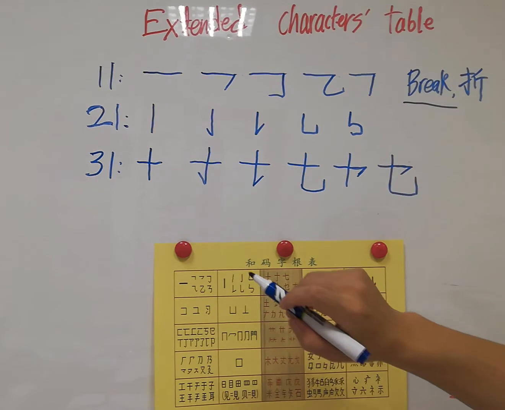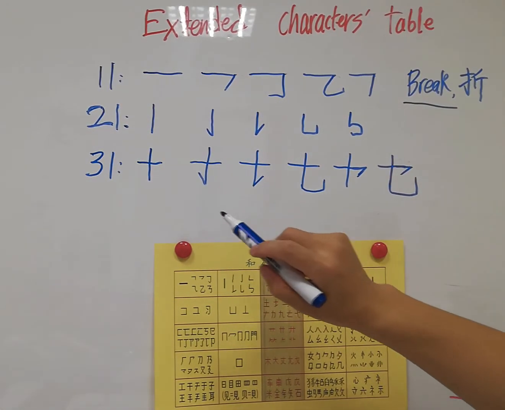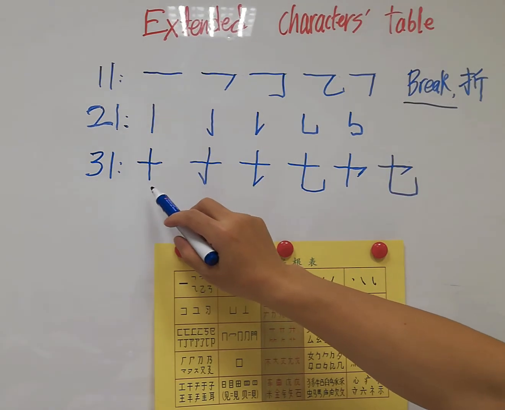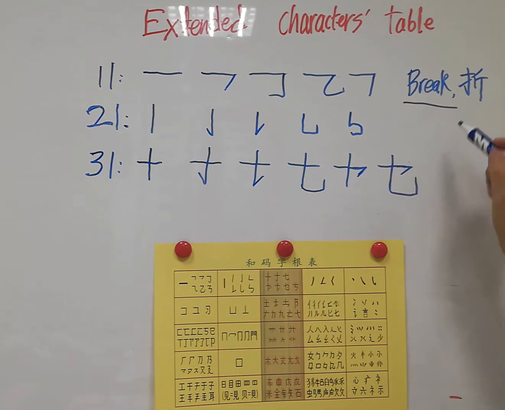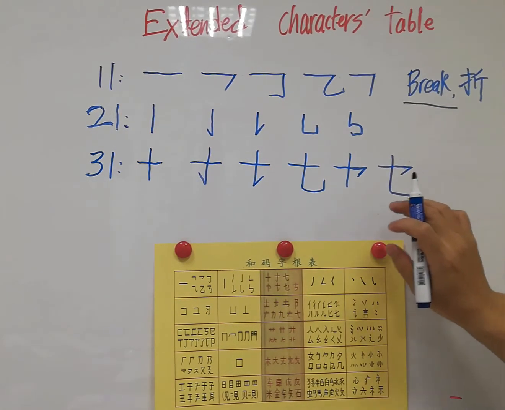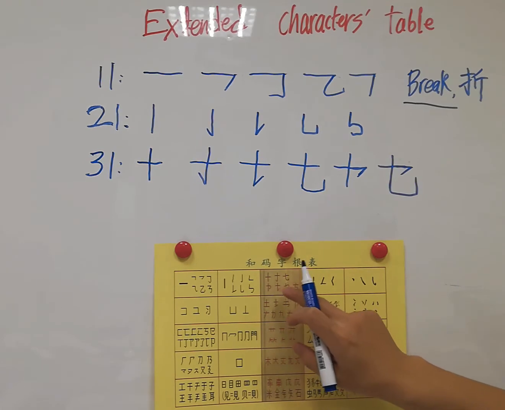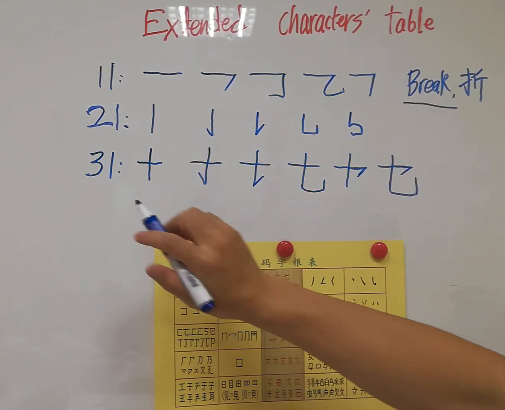So we say all these characters are extended from Hensu cross by breaking. We put all these characters together in the extended table here. Then all have same code of 3-1.